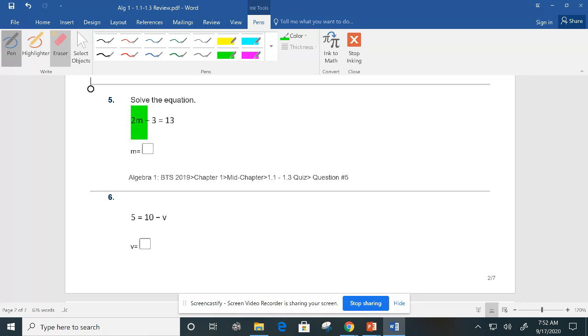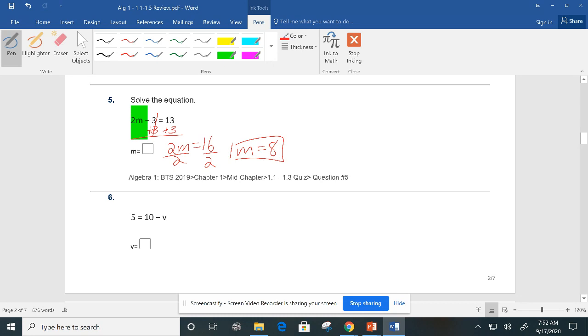So I'm going to add 3 to both sides to start. That'll cancel. I'm going to have 2m is equal to 16. Divide by 2 on both sides. And you're going to get m is equal to 8 as your solution.